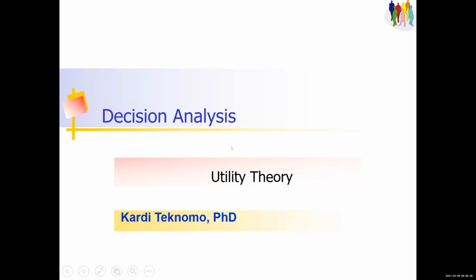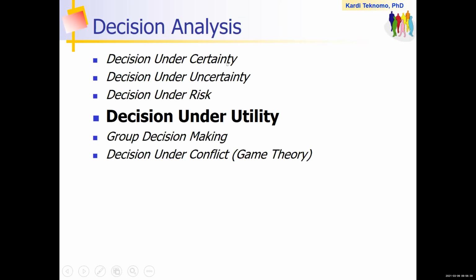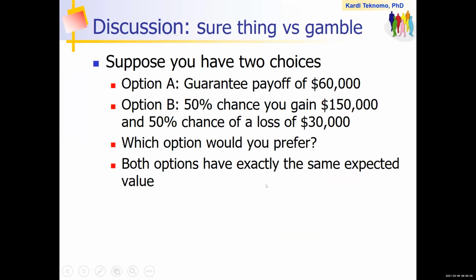Anyway, we have discussed decision under certainty, under uncertainty, under risk. So today we will discuss decision under utility and group decision making. If we finish, we can continue with game theory. Otherwise, we will continue game theory next meeting. Okay, so let's discuss this.